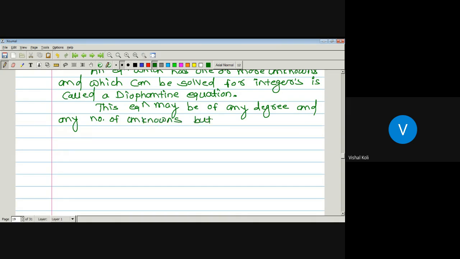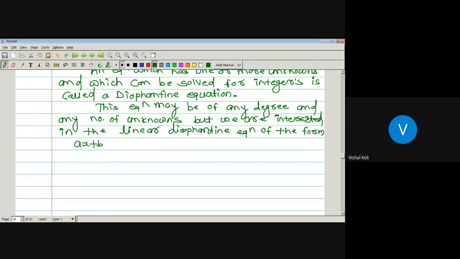But here we have to study the linear Diophantine equation of the form ax plus by is equal to c, where a is not equal to 0, b is not equal to 0, and c is any integer.